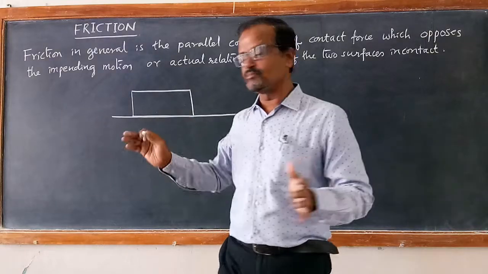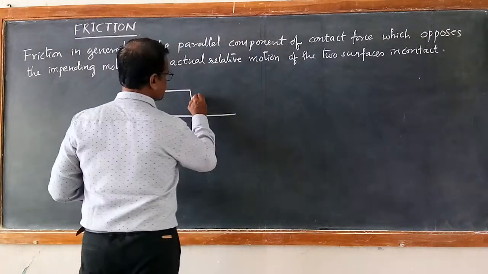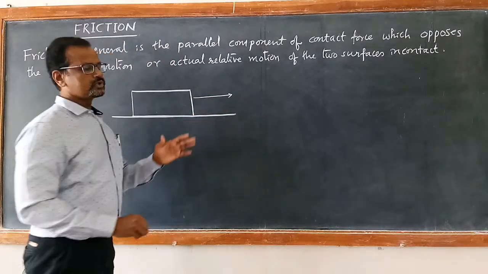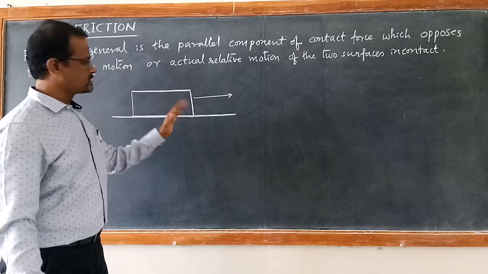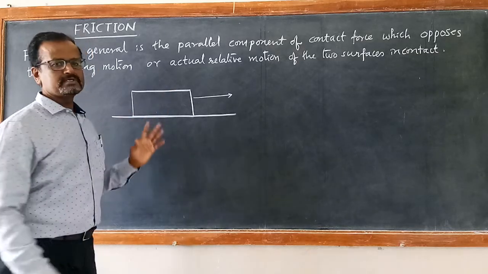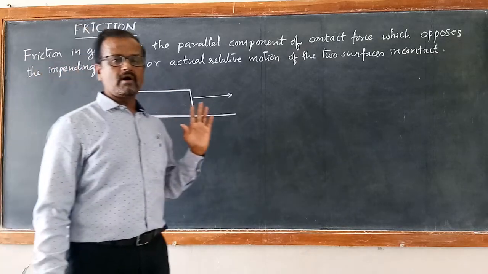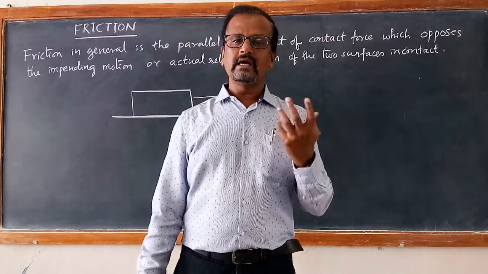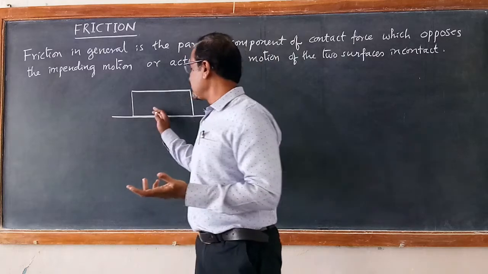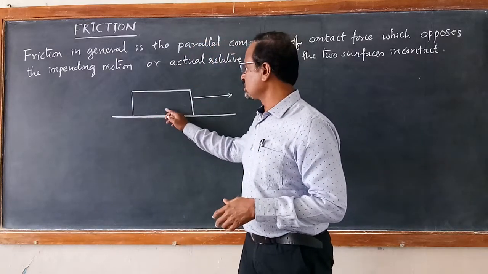When the train is in motion in this direction, the box is also moving with respect to the train with the same acceleration. There must be some horizontal opposing force. This horizontal opposing force opposes the impending relative motion between the two surfaces in contact.